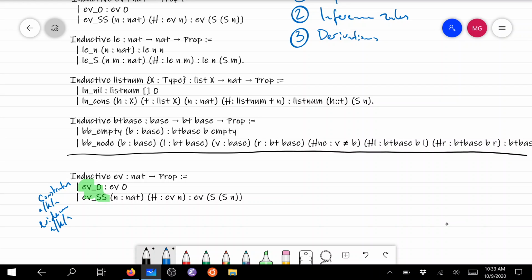Or you can even think of these as the primitive proofs of EV, the type we're defining. So there's two here. Let's write them both down.